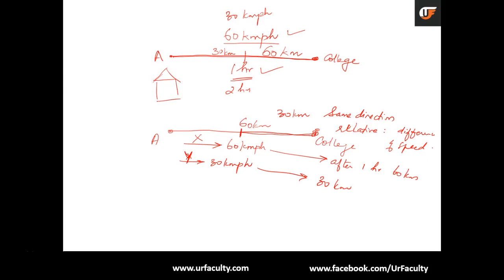Now, we'll take it in a simpler way. You both start from point A, and your friend starts going towards C1 and you start going towards C2, X and Y. Same speeds, 60 km per hour and 30 km per hour.